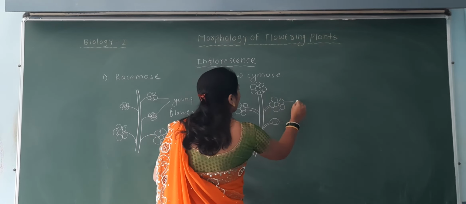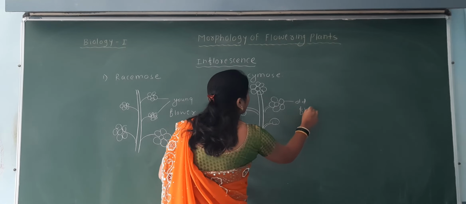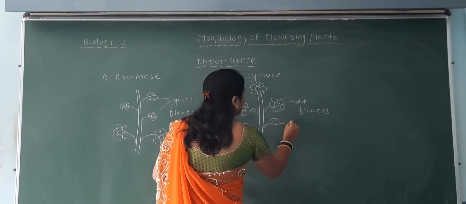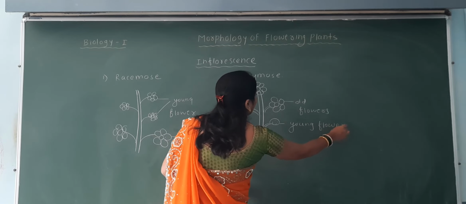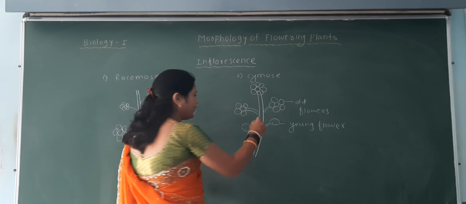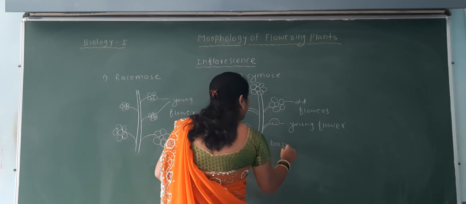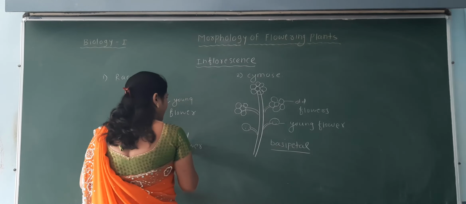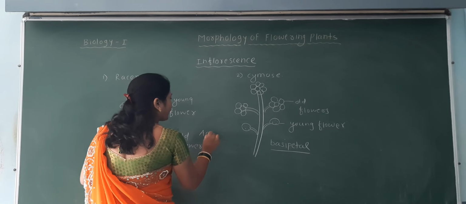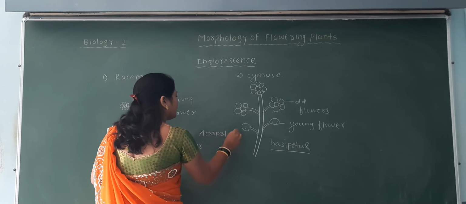So these are the old flowers and this is the young flower. Okay, so it is very easy. This is called the basipetal arrangement of the flower and this is called the acropetal arrangement of the flower.